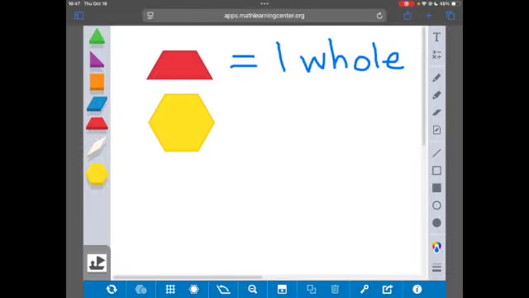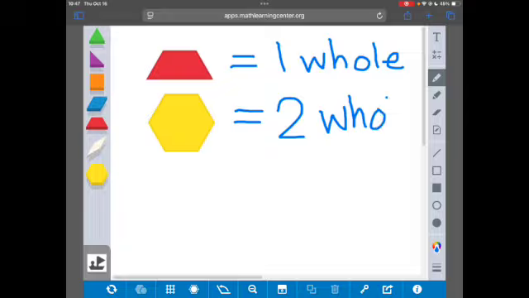Okay, so this time, because my whole has changed in size, the value of this block changes as well. The relationship stays the same. It still takes 2 red trapezoids to make a yellow hexagon, but the value of those blocks has changed.